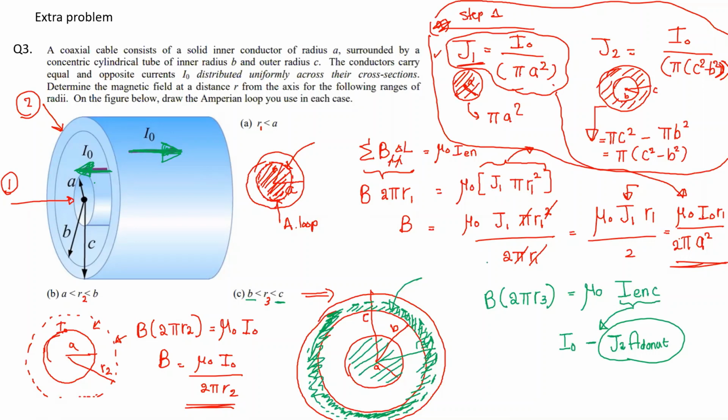What is the area of the green part? It is something like this. So I'm redrawing the green part only. Inner radius is B. Outer radius is R3. So R3 is this place. So what is the area of the green colored thing?